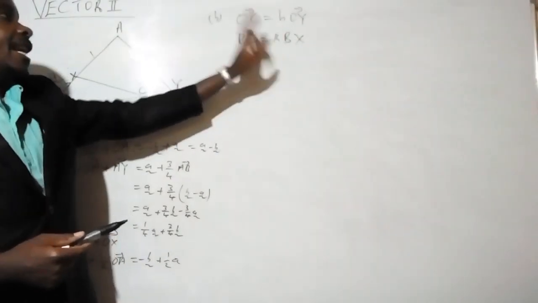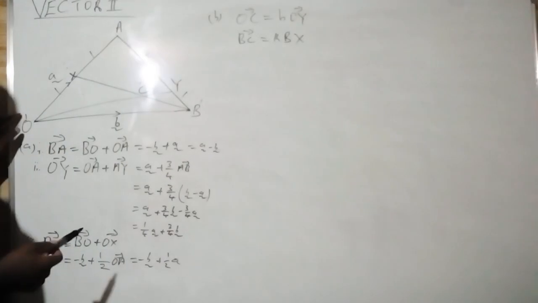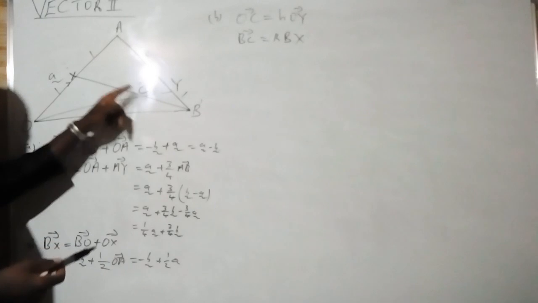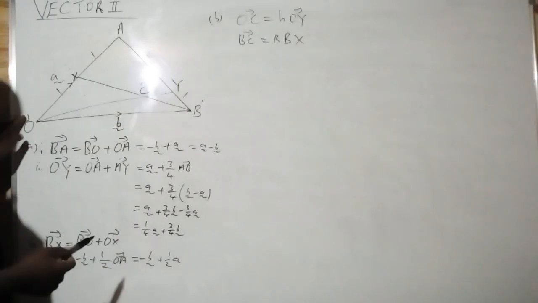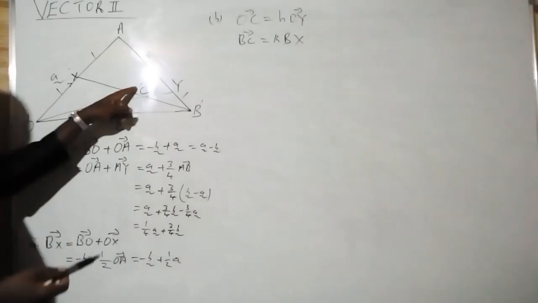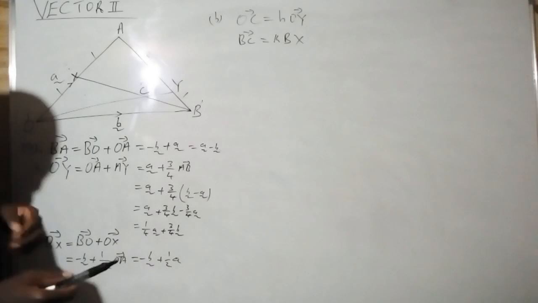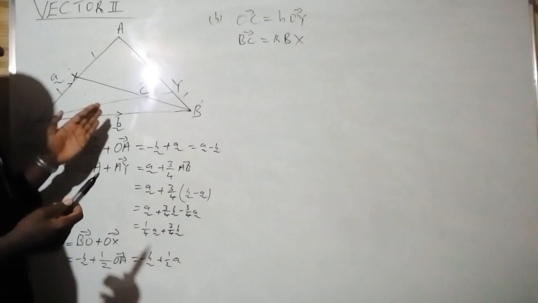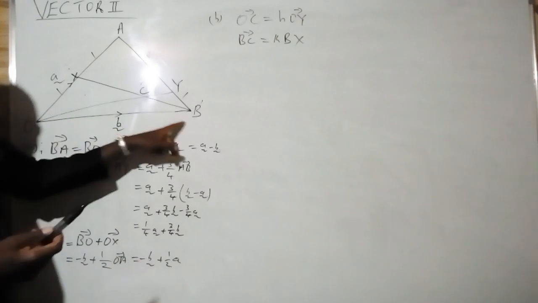I have put these apostrophes so that you can see the route. Here we have O, C, and B. It means the route that you can follow, or the shape that you can use, is a triangle. Triangle OBC. OBCO.